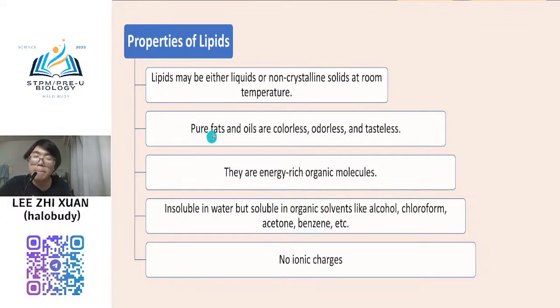The oil in your kitchen for frying chicken or rice has already been processed, with additional substances, so it can turn yellow. But totally pure fat is colorless, similar to water.